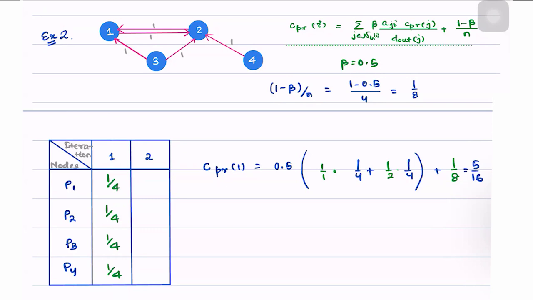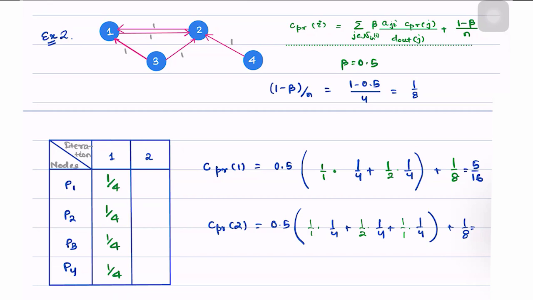Similarly, let's calculate the importance of node number 2. Again, half times, it has 3 neighbors, each with importance 1 by 4, and this additional importance 1 by 8 adding up. And now let's quickly scale them. The first neighbor is 1, it has just 1 out neighbor, and node number 3 has 2 out neighbors. Again, node number 4 has just 1 out neighbor.